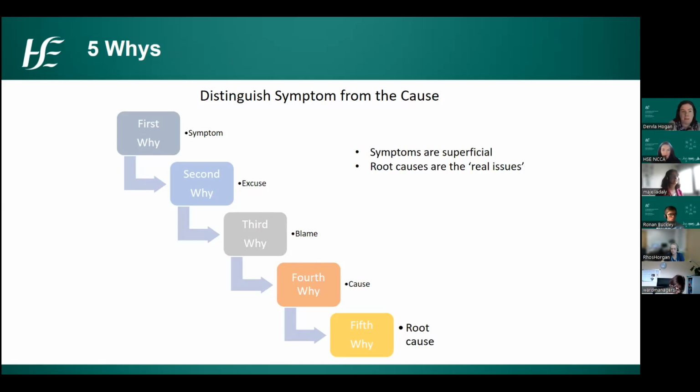However, it could be more, it could be less, until you get to the root cause, but you just have to keep asking the question why until you get to the root cause, because generally that first why and the answer to that first why is only a symptom, and you have to work through the excuse and blame cause down along until you get to the actual root cause of what was actually wrong, because your symptoms are very superficial, whereas the root causes are the real issues.